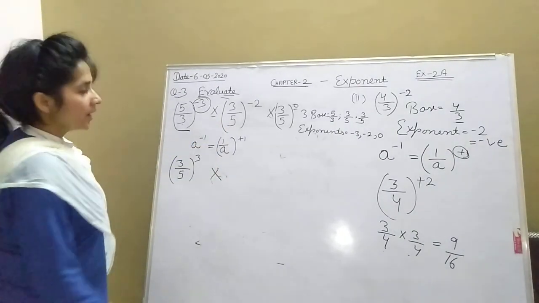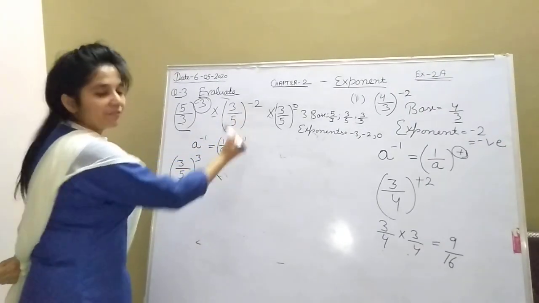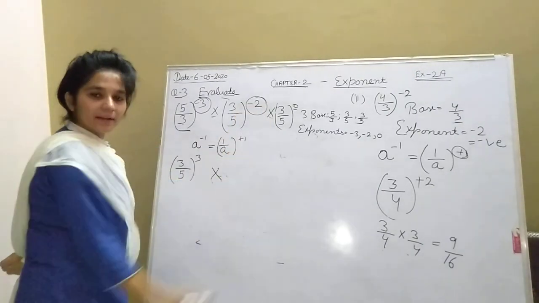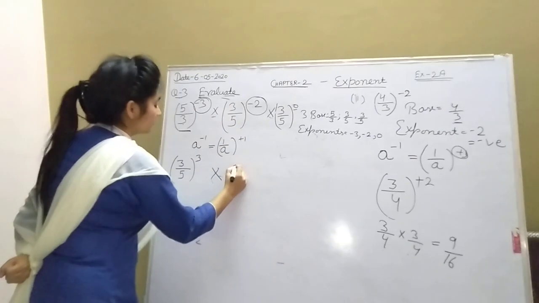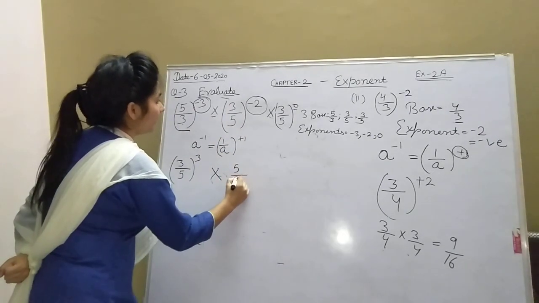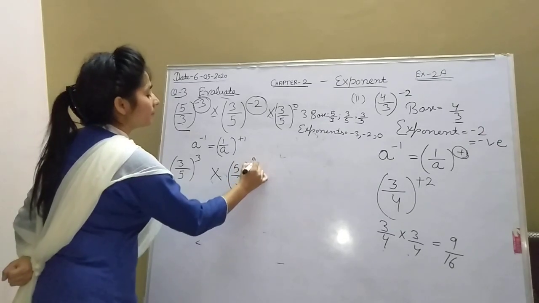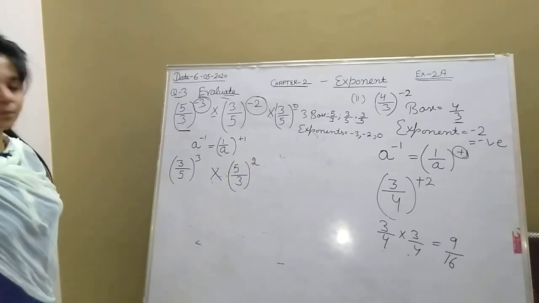Multiply. Again your base is 3 by 5 and exponent is negative. The reciprocal will be 5 by 3 raised to power positive 2.